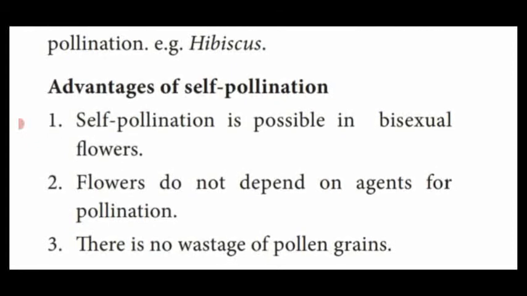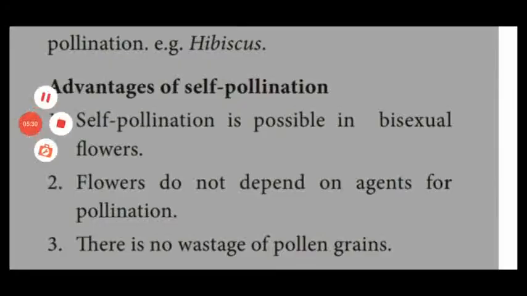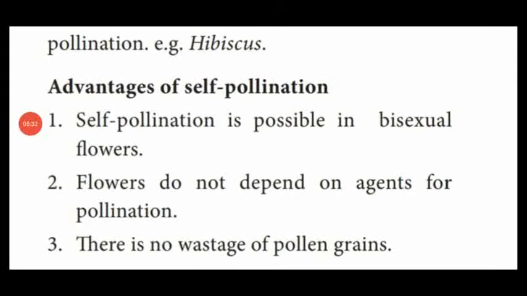Advantages of self-pollination. It takes place in the bisexual flower. What is bisexual? Male sex organ and female sex organ present in the same flower is known as a bisexual flower. Both the sex organs are present in the same flower means it is said to be a bisexual flower.